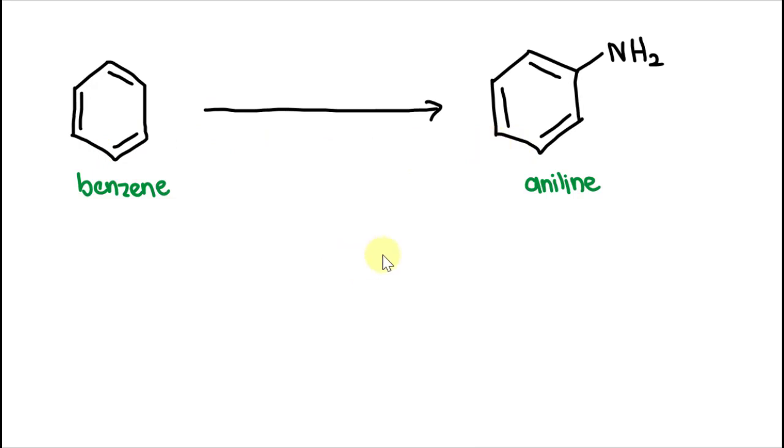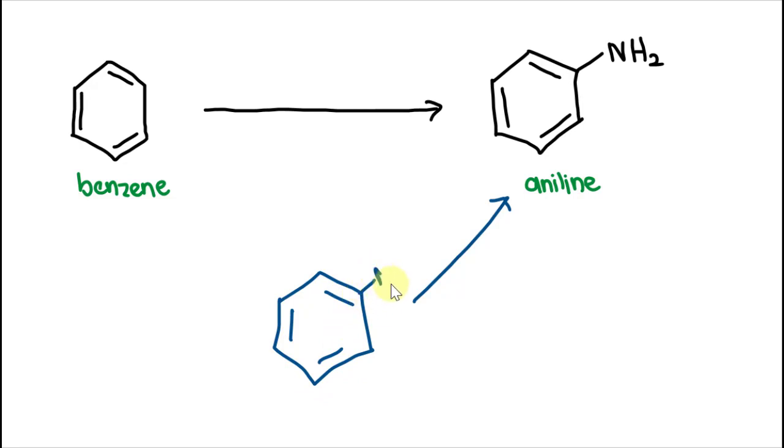If we have here a nitrobenzene, with the NO2 group, and then use the zinc in acidic condition, zinc H+, the NO2 will be reduced into NH2, and since benzene can produce a nitrobenzene from the nitration reaction.